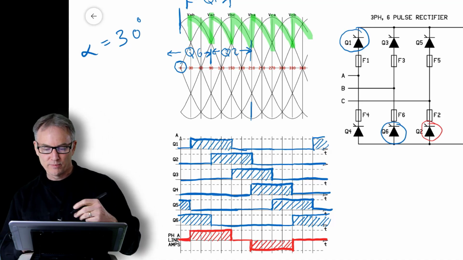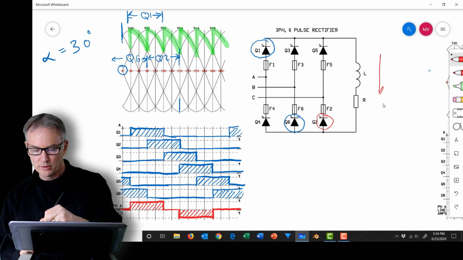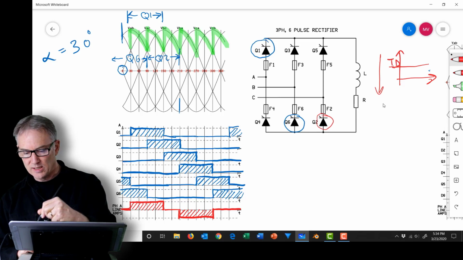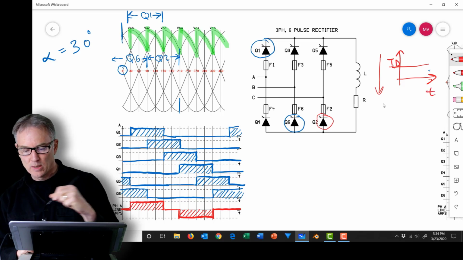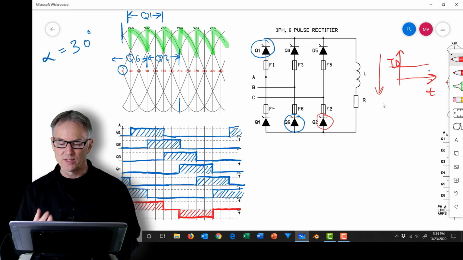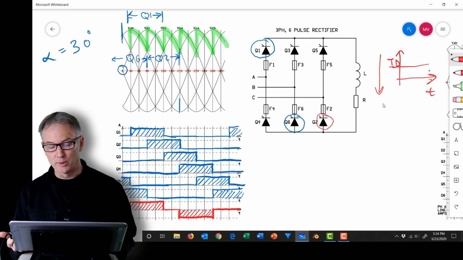And I should note for you that the current going through the DC here is basically flat. So if you look at the current ID as a function of time, then you basically have a flat current. And so what we're assuming is that the inductance is large enough to filter out the AC ripple.